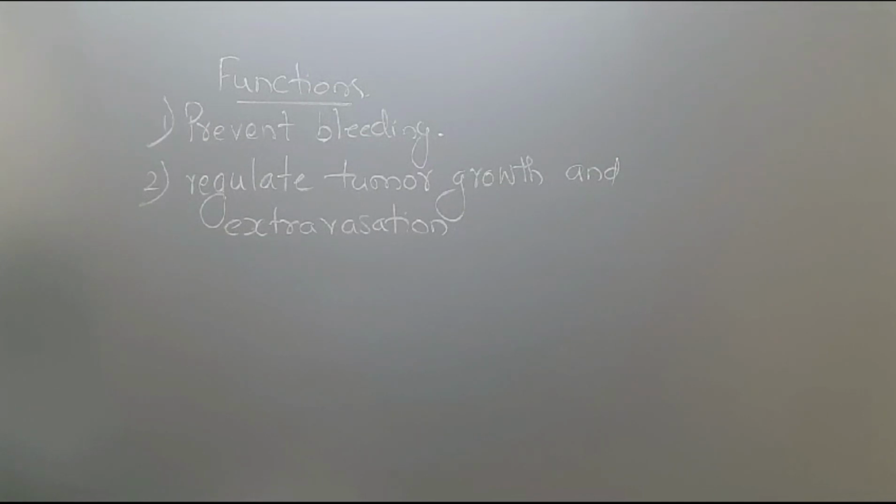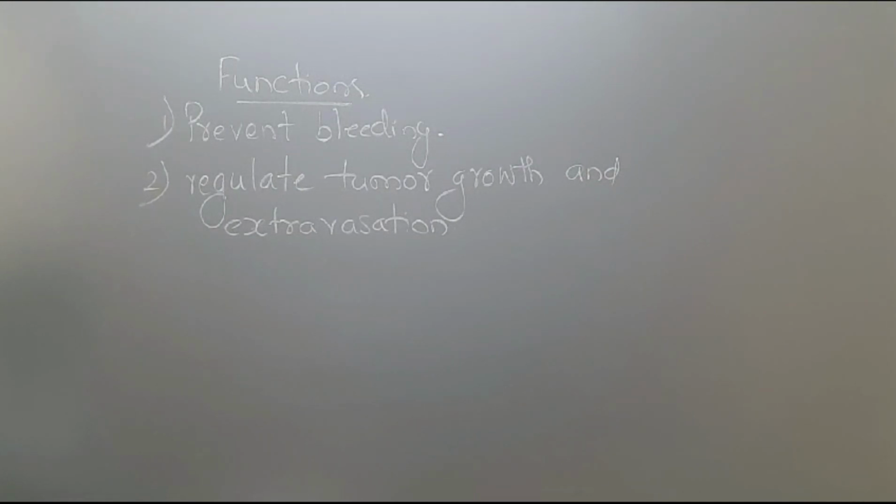If platelet counts are below normal or very low, then what happens? There will be bleeding inside our body, underneath our skin or from the surface of our skin. There is chance for bleeding.